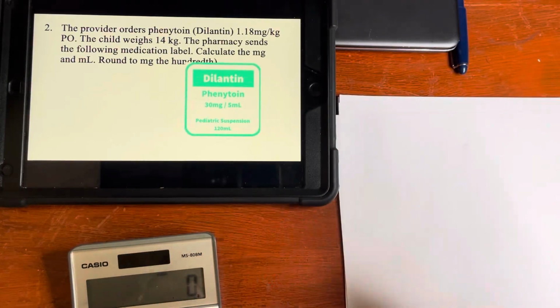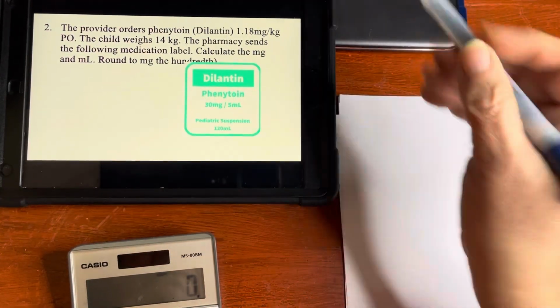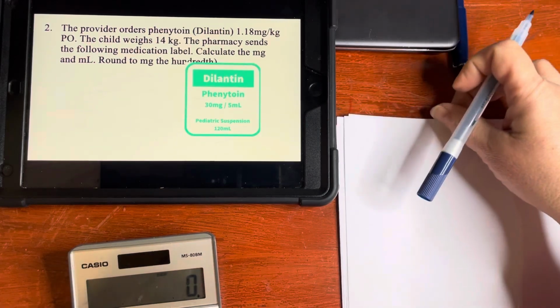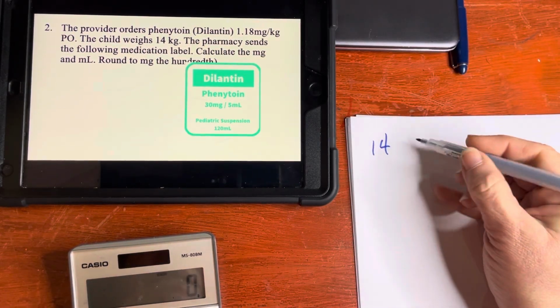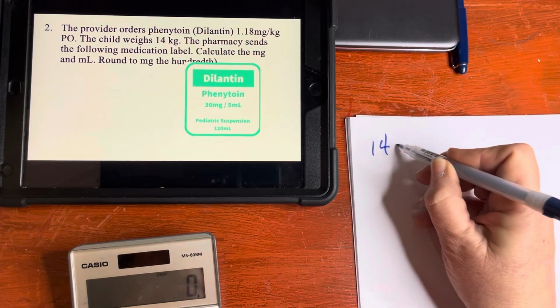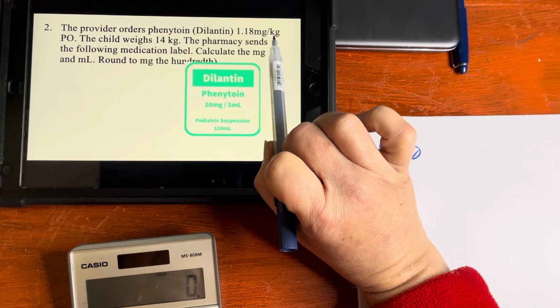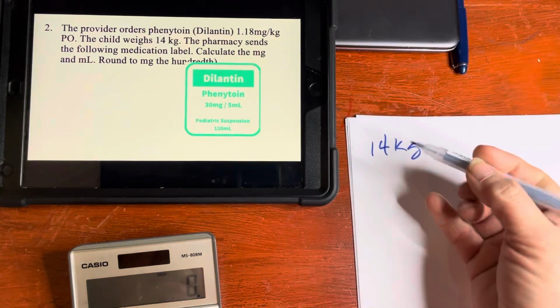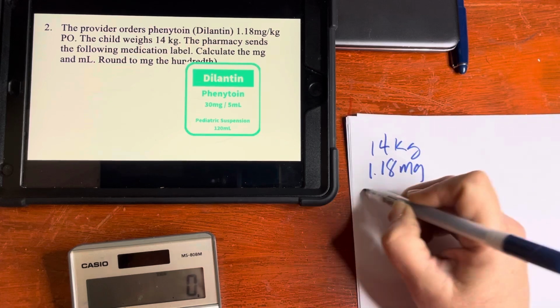Round the milligrams to the hundredths. So once again, they were sweet and gave us 14 kilograms. So we have to take 14 kilograms because he wants every single kilogram to get 1.18 milligrams, so we have to multiply it.